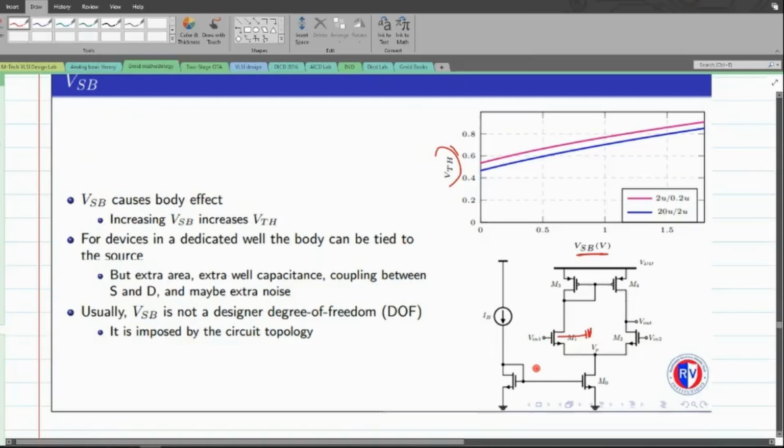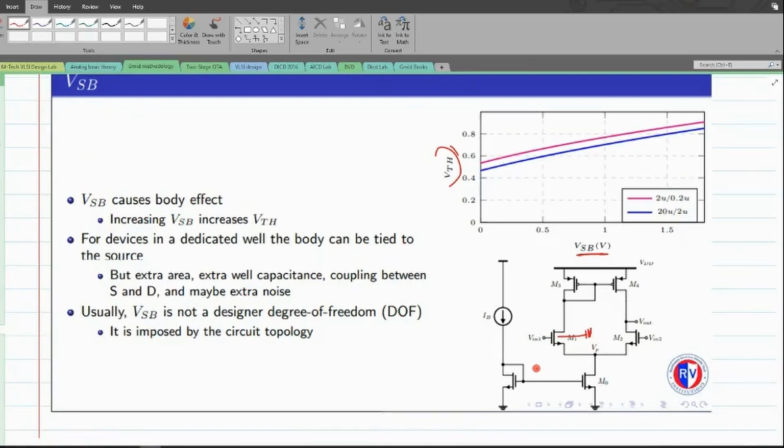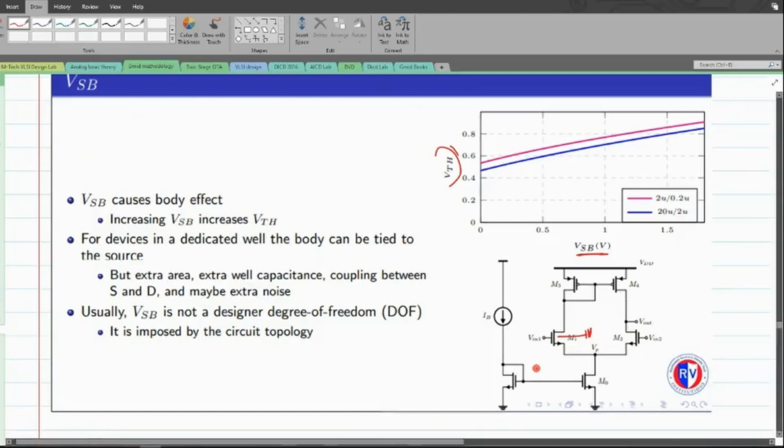The source potential of the input MOS transistors is not controlled by the designer. It is defined by the circuit topology, so there is nothing I can force here, and I cannot go and control the voltage.